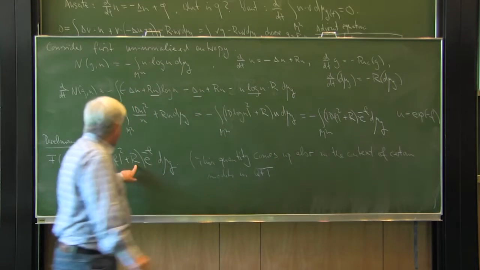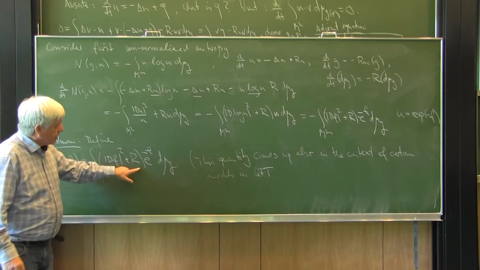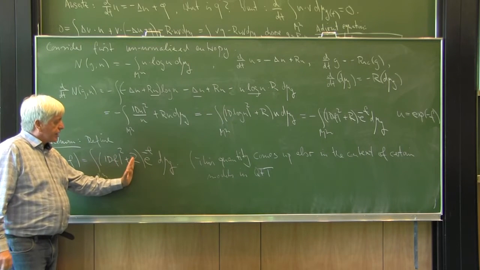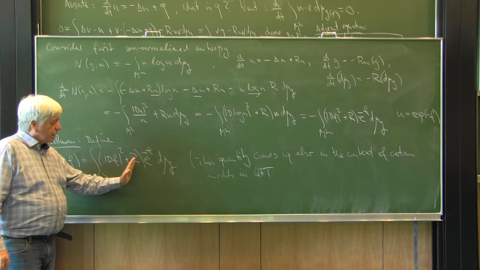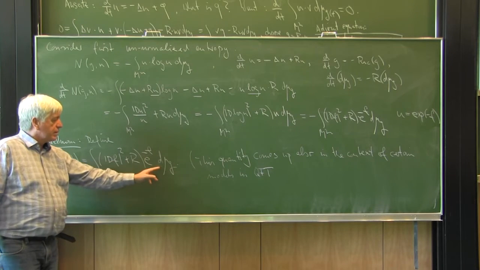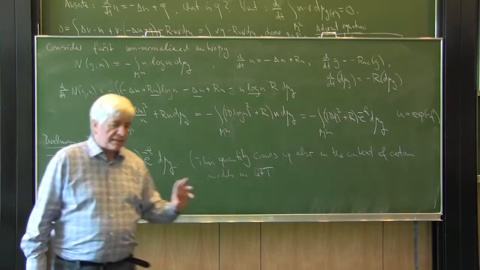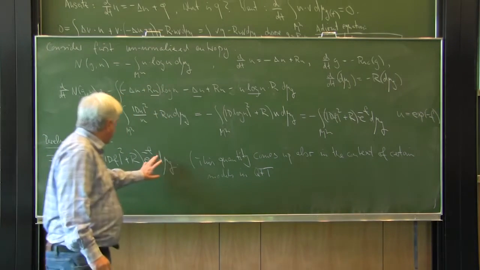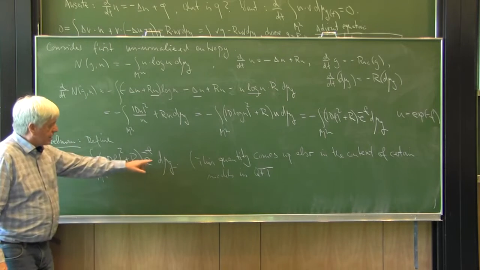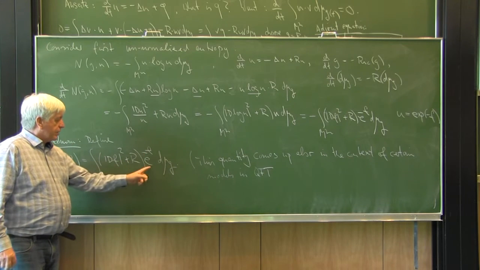And you should think of it like really the scalar curvature integral times some volume form, where now the volume form has an extra potential coming from f, and you also have an energy for this volume form e to the minus f.